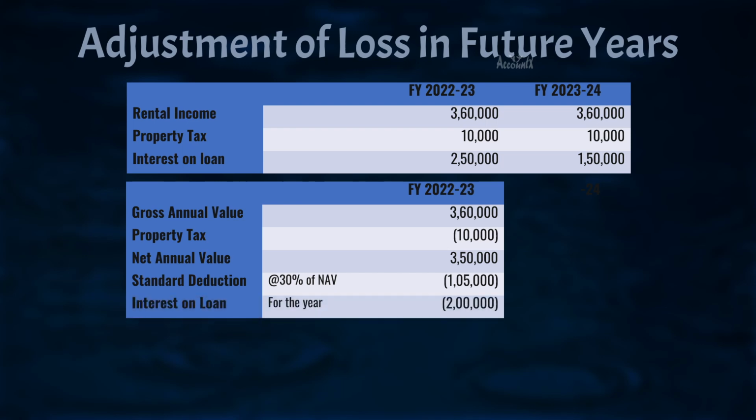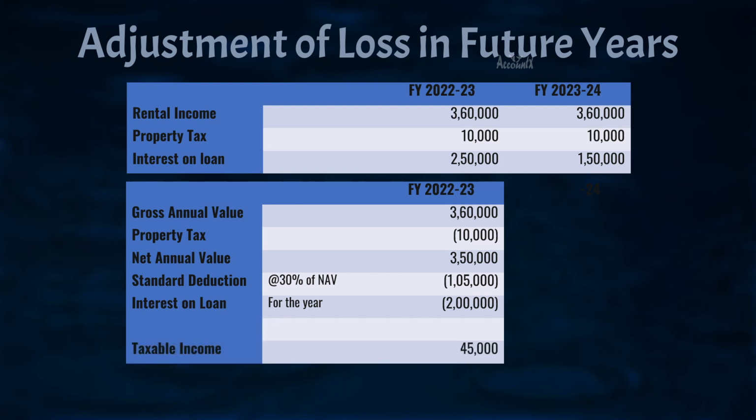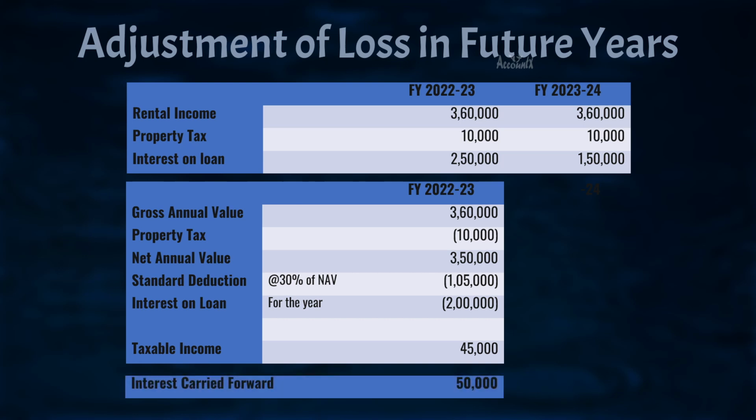Actual interest for the year is 2.5 lakh, but as this is capped at a maximum of 2 lakh, interest for the year will be limited to 2 lakh. So your taxable rental income would be 45k. Now this balance 50,000 interest would be carried forward to subsequent financial year. You have a time limit of 8 years to set this off.